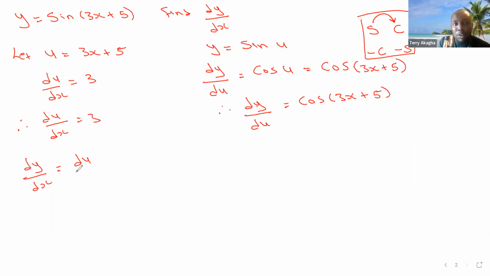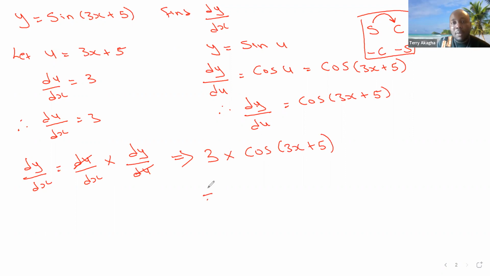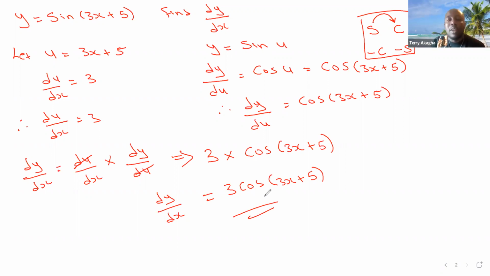Look at it: you have du/dx multiplied by dy/du, the du cancels, and you have dy/dx. So I have to multiply du/dx, which is 3, by dy/du, which is cos(3x plus 5). That will now give me dy/dx equal to 3 cos(3x plus 5). And that is the answer for that.